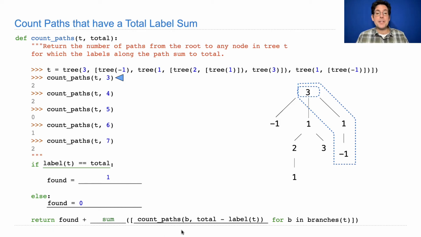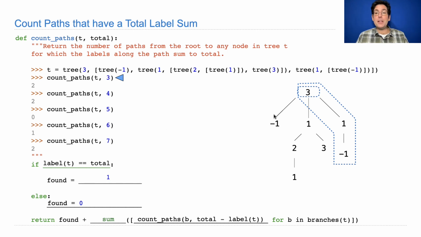We're going to make a recursive call on each branch. That's a typical structure. We're also going to account for the fact that we're considering paths through the current node, and therefore, to get the total, we're going to have to consider the label at the current node.